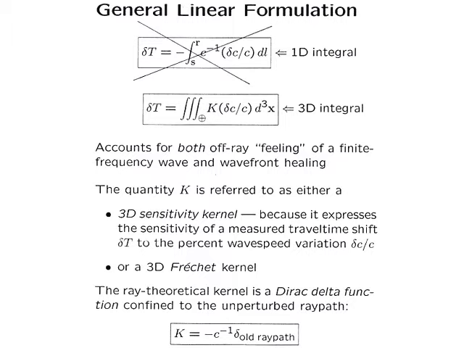That's, of course, of this form, and instead of using a one-dimensional integral along the ray, this is a full three-dimensional integral over the entire Earth. And what we want to know is what this so-called sensitivity kernel is that tells you how sensitive a measured travel time is to the three-dimensional velocity perturbation at every point x in the Earth.